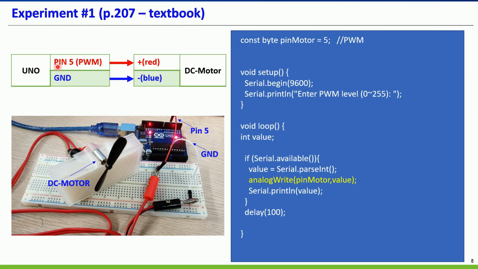So just give pin 5 for pulse width modulation, and plug the red wire of the DC motor into it, and ground, and the blue wire for the DC motor.